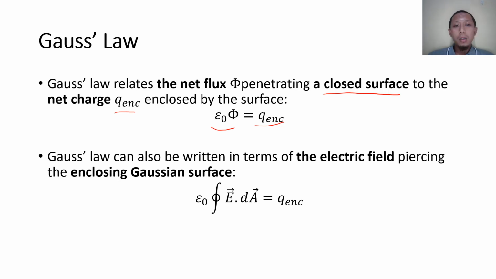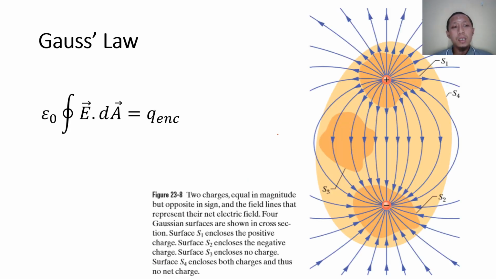So we can use another definition of the flux. Flux is a surface integral of E dot dA. So we can get this formula from this formula. So the Gauss law is saying that epsilon zero dot surface integral of E dot dA is equal to q enclosed.